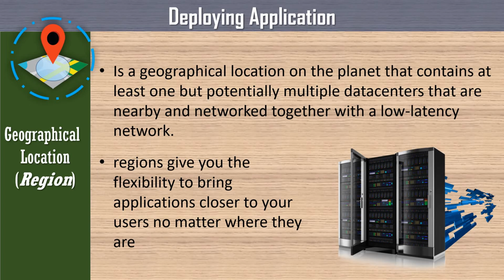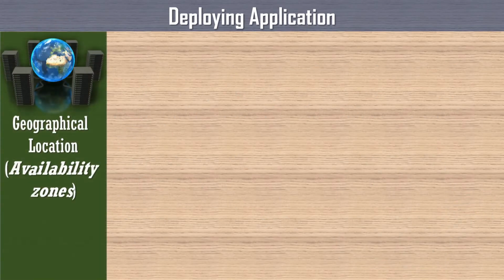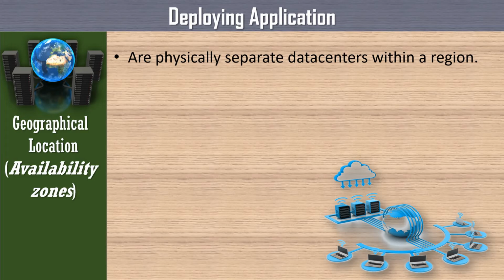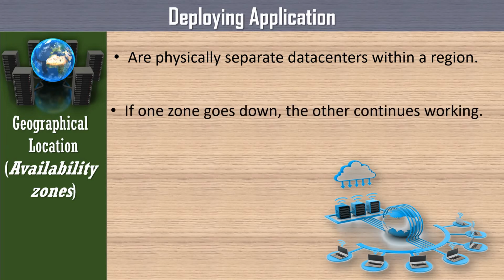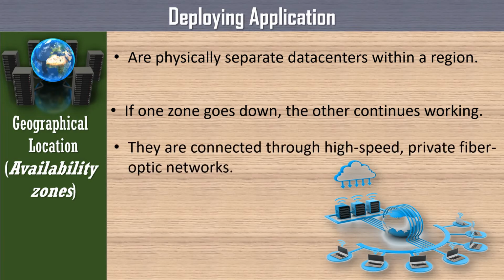In that region, we have availability zones. Availability zones are also very important, because what if one of these data centers fails? Availability zones are physically separated data centers within one region, and we use them in case one of the zones fails, so you can use another one to continue working and serving your users.